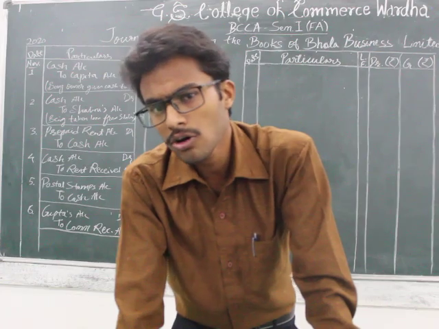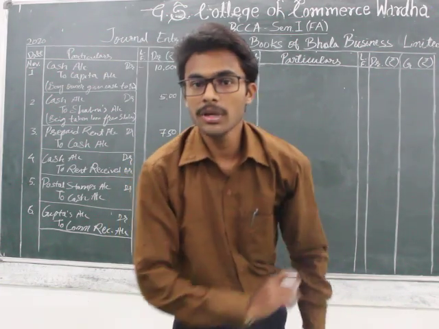As I am repeating again and again, you should be clear with all types of accounts: personal, nominal and real. So will losses be covered by a real, personal or nominal account? It will be covered by a nominal account.